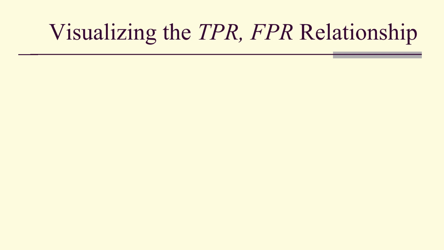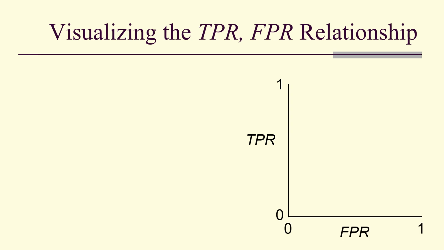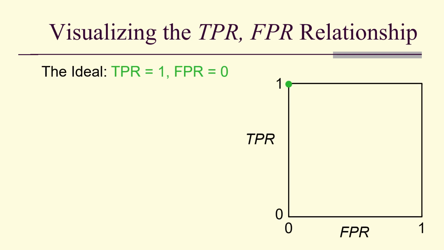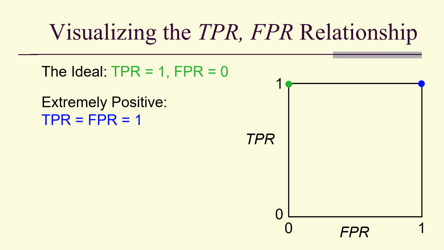So we can visualize this relationship between true positive rate and false positive rate. We put the true positive rate on the vertical, the false positive rate on the horizontal. Both go from 0 to 1. And the ideal would be a true positive rate of 1 and a false positive rate of 0. So we put the green dot there at the 0, 1 point in our plot.